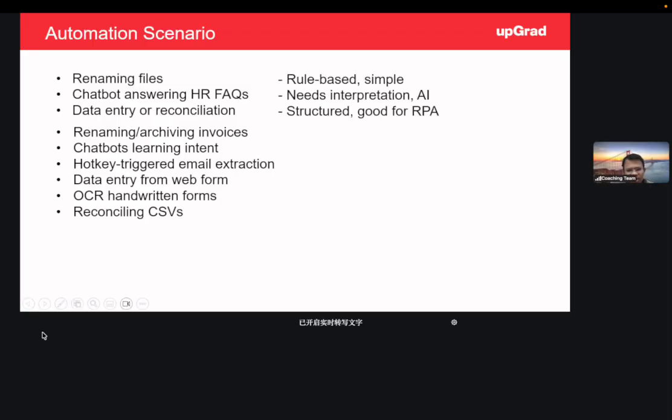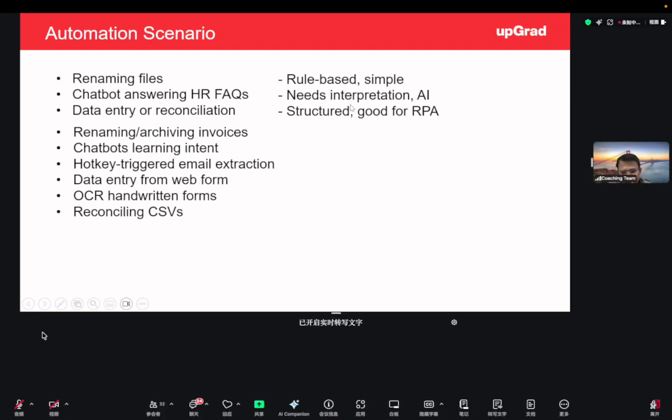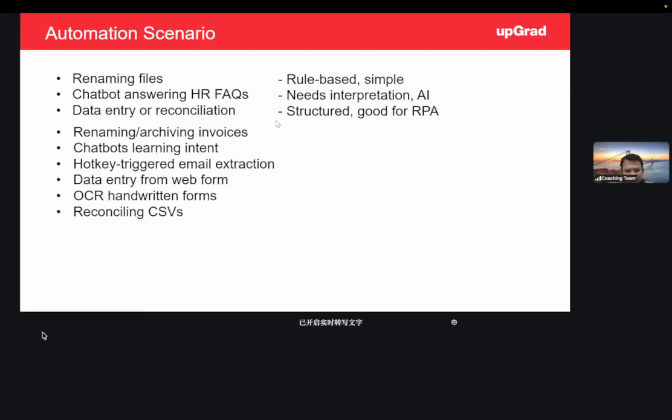Okay, let me give you the answer. Renaming files is rule-based, so simple RDA can do it. Chatbot answering, as rightly said, needs natural language understanding, so it needs interpretation, therefore AI. Data entry is structured, because it handles structured data, so it is a good use case of RPA.